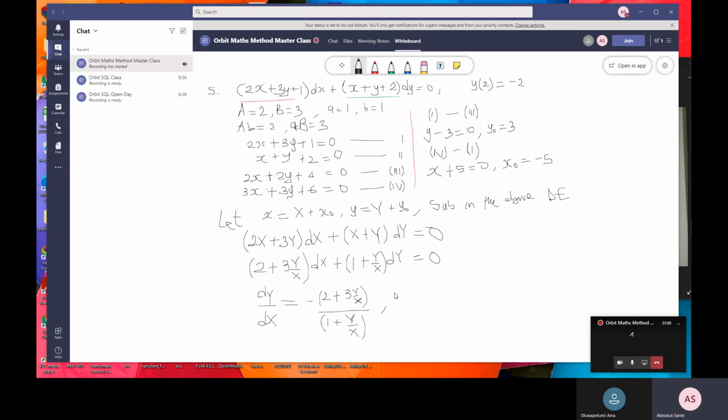So our substitution for a homogeneous equation is y is equal to what? Vx. And if y is Vx, then dy dx is v plus x dv dx. So moving on, I will erase this part.